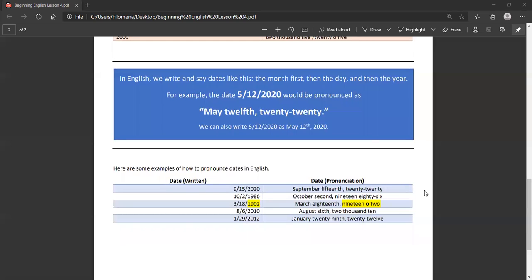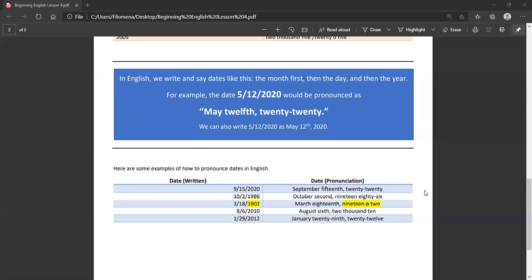If I'm talking about someone's birthday on May 28th, and the year is 2010, I could say May 28th, 2010, or May twenty-eighth, twenty ten.